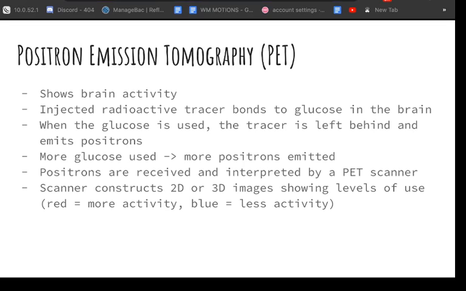Because no one's here and I don't know what PET is, I'm just going to skip this because this is supposed to be Kat's part, and I have no idea what's happening, and I don't want to give misleading information. So next slide.